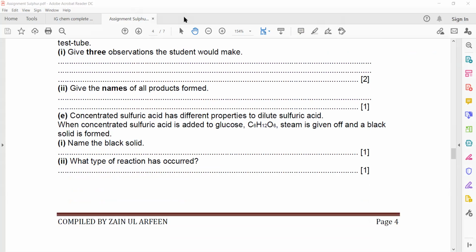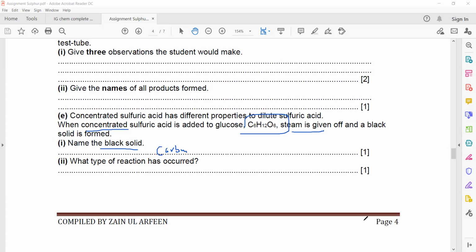Concentrated sulfuric acid has different properties than dilute. When concentrated sulfuric acid is added to glucose, steam is given off and a black solid is formed. Name the black solid. Carbon is there.